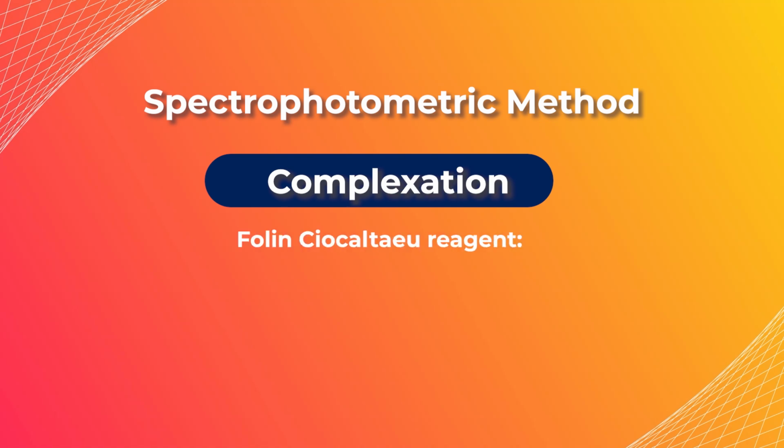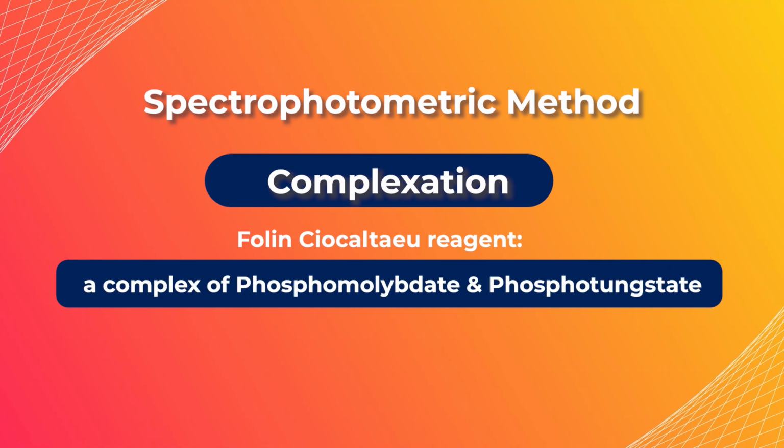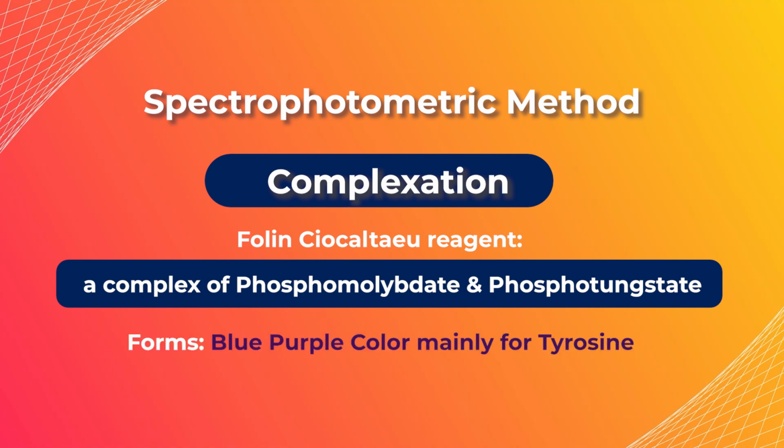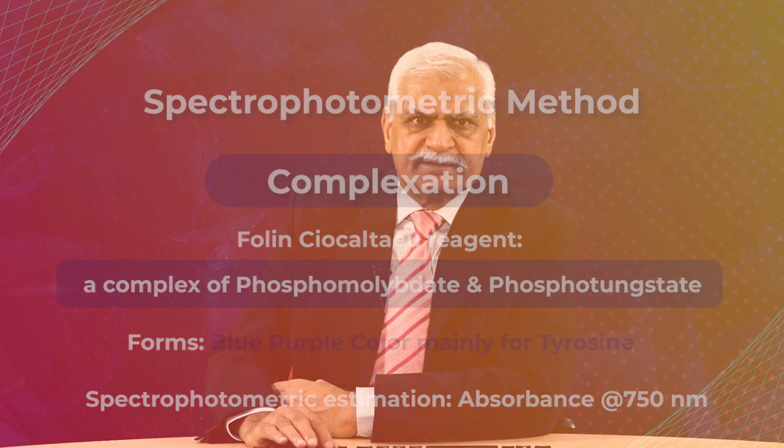Folin-Ciocalteu reagent is nothing but phosphomolybdate and phosphotungstate. So a combination of phosphomolybdate and phosphotungstate makes an adduct, makes a complex with proteins. It's a blue-purple color, and by the spectrophotometric method, at a maximum wavelength of 750 nm, we calculate the concentration of proteins directly.